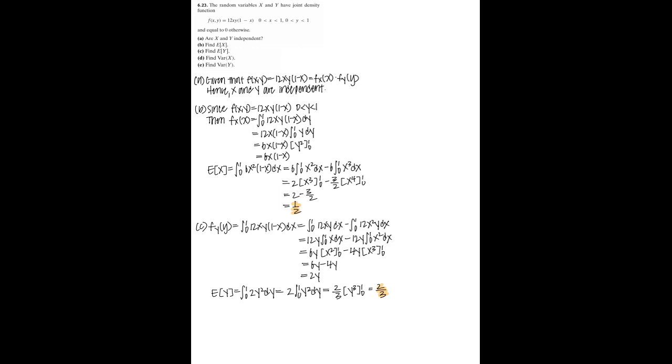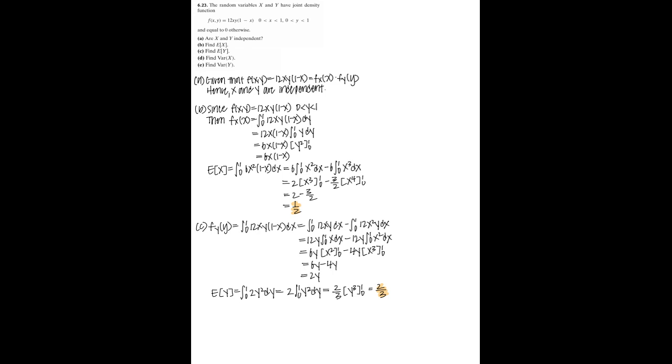A, are x and y independent? Given that f of x and y equals 12xy(1 minus x) is equal to the probability density function of x times the probability density function of y, yes, x and y are independent.